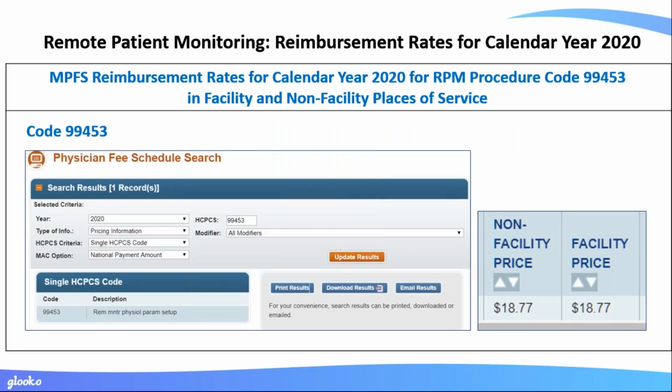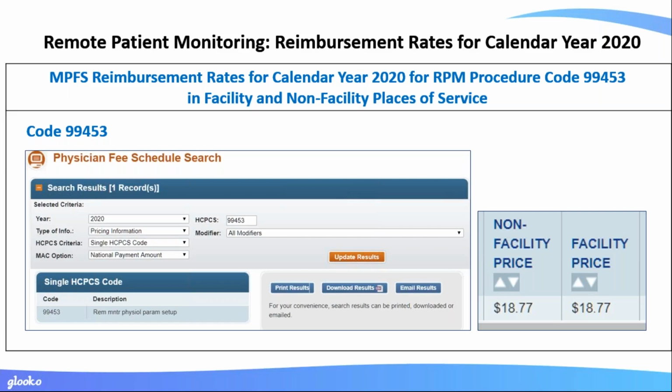Okay, so what I did, I clipped this out with my snipping tool, and these are the rates for 2020, and for all of these 4 codes. And you can see on the right, it's non-facility and facility. Now, facility, for most of you on the phone, is going to be hospital outpatient department, critical access hospital outpatient, skilled nursing facility.